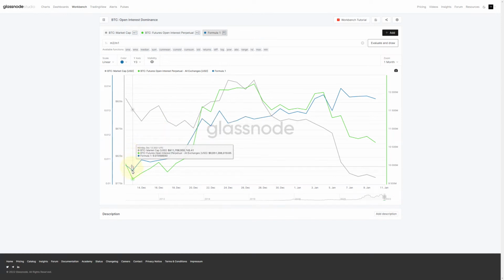The blue line is the same line that Will had on his chart, which is the perpetual open interest dominance. And then the green line is the perpetual futures open interest. That's open interest in perpetual futures.